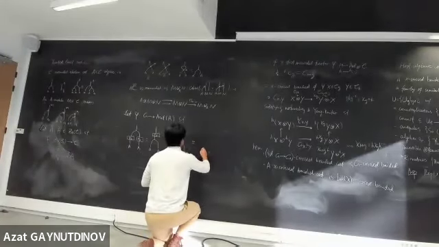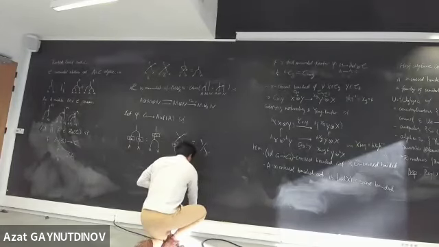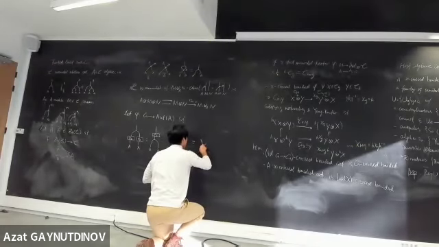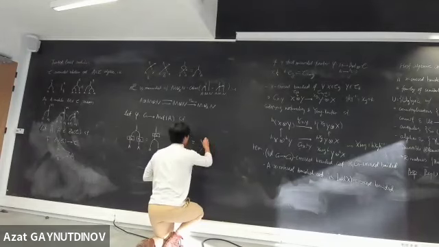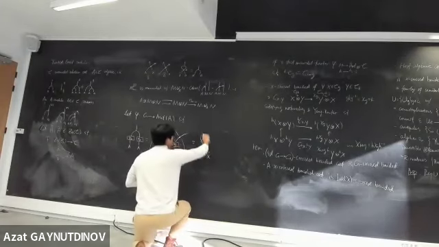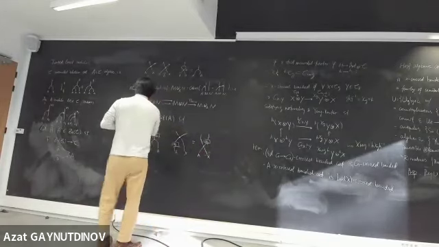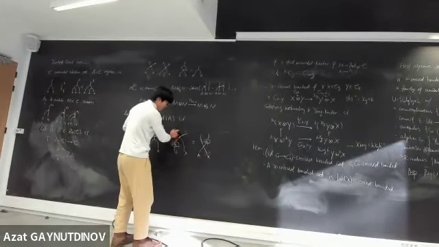It should be the same as first this. Yeah, the point is that by definition of the Drinfeld center, I only have naturality on this strand.